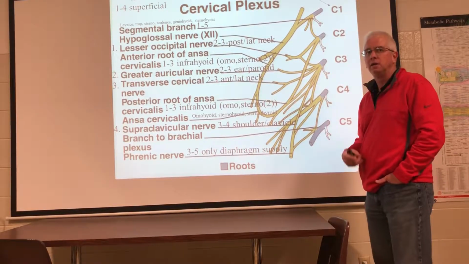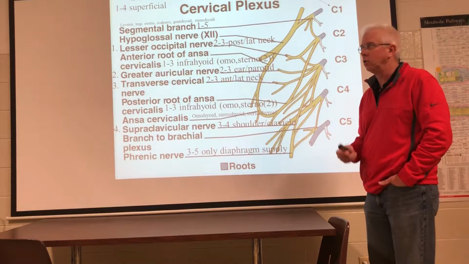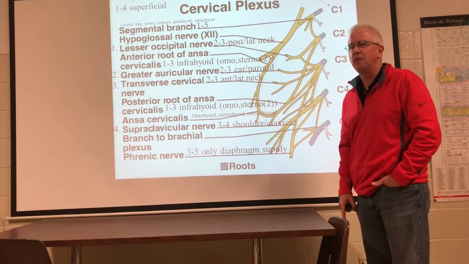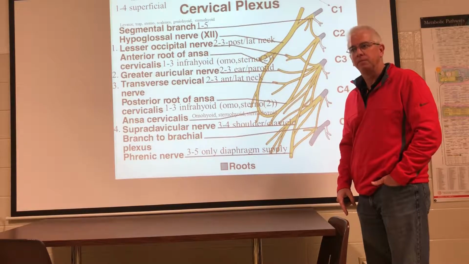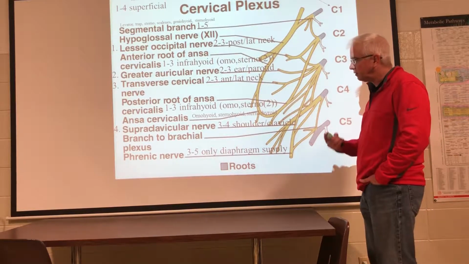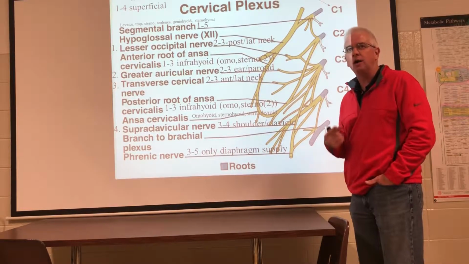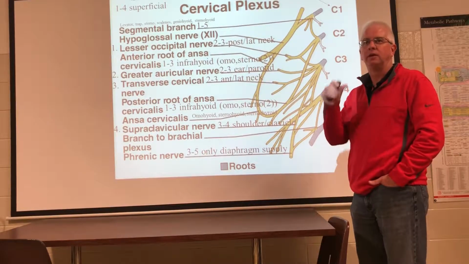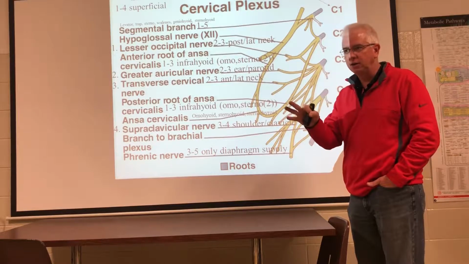So what portions of the spinal cord, what ventral horns, where are the lower motor neurons that make you breathe? The lower motor neurons of the spinal cord that make you breathe are in the ventral horn of the spinal cord, section C3.